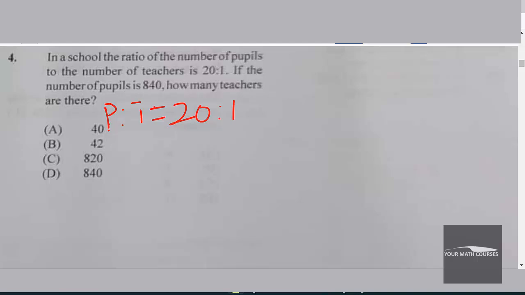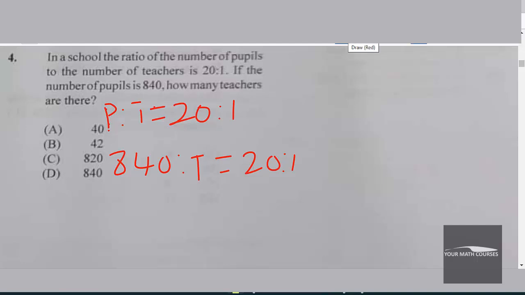So we have 840 pupils, so 840 pupils is to teachers, then 20 is to 1. So we are looking for T.